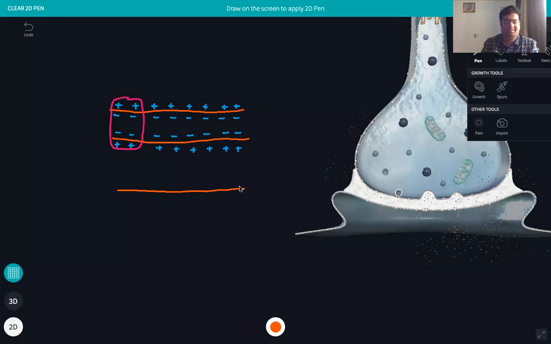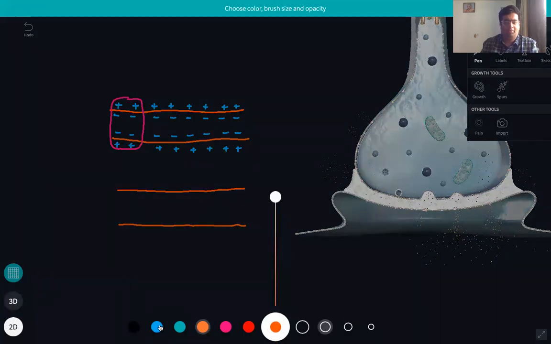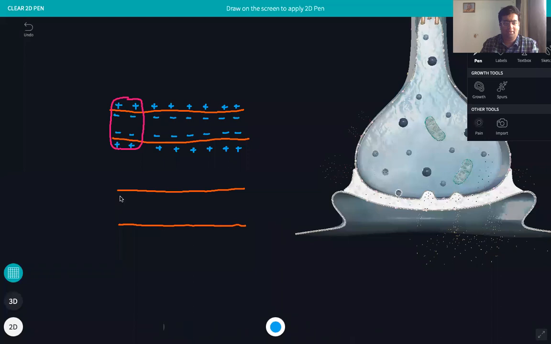The normal polarized state is positive charges on the outside of the membrane and negative charges on the inside. Due to depolarization, the sodium ions enter in. This entry of sodium ions is because of the opening of the sodium gated channels. There are channels that allow the sodium ions to enter in. You will learn about these channels in detail in higher classes.